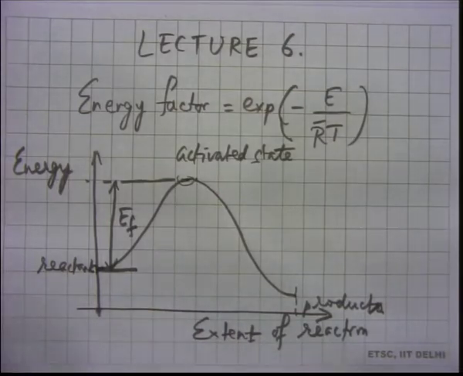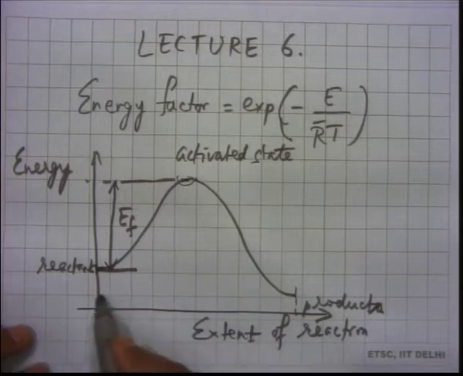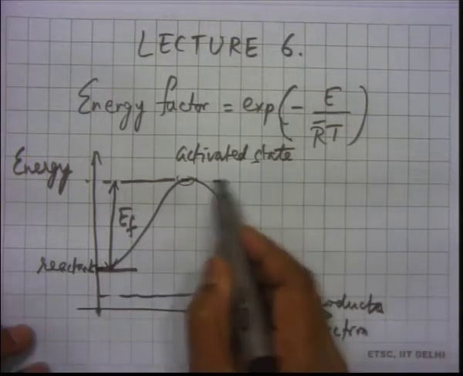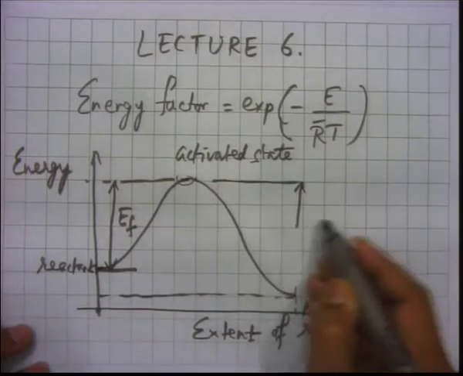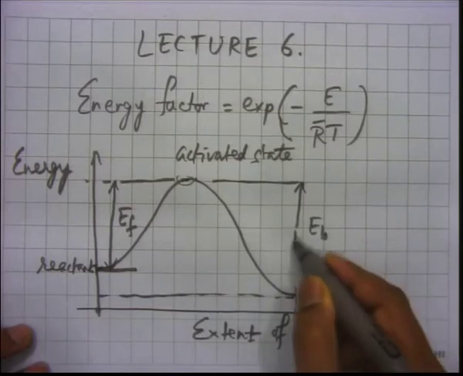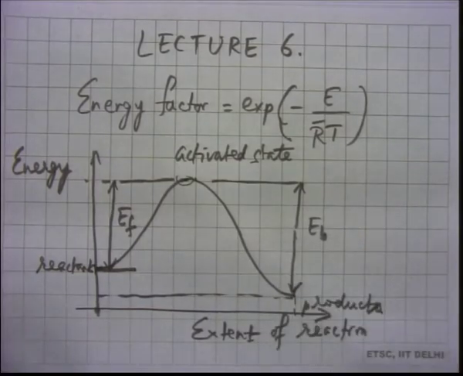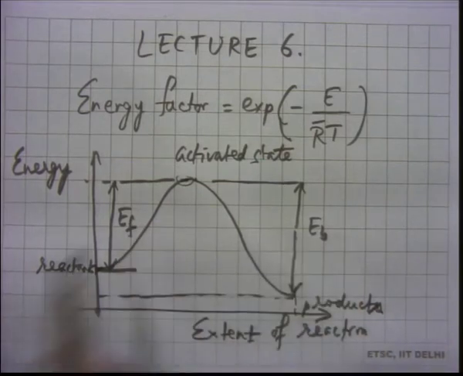Similarly, for the products, we can have this difference which is EB, which is the activation energy for the backward reaction. So, B for backward, F for forward.